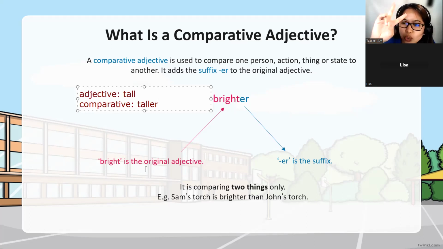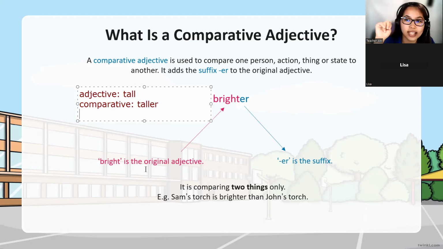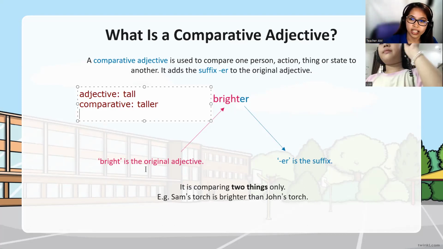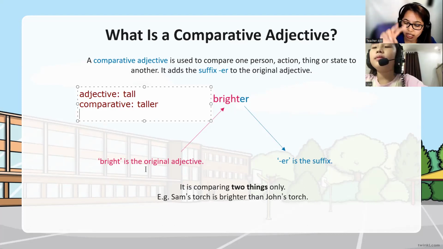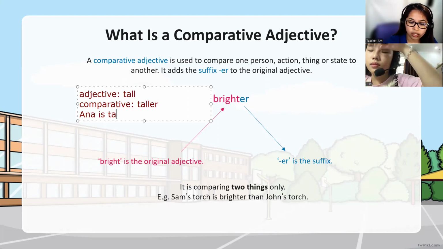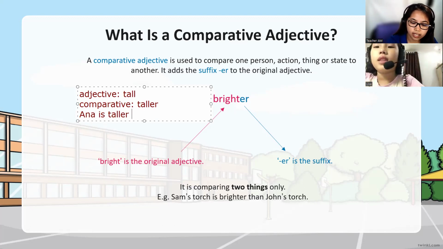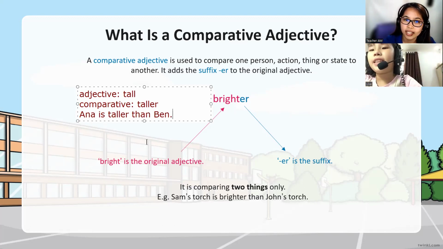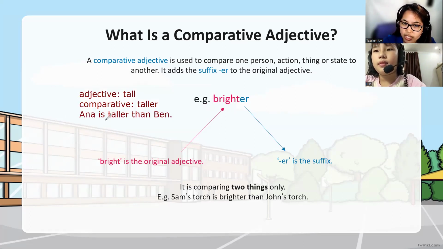Now, give me two names, Dolin. Are you still there? Hello, Dolin? Yes, teacher. Great. Let's have Anna and Ben. So Anna is taller than Ben. This is now our sentence. Let's identify the structure of the sentence.